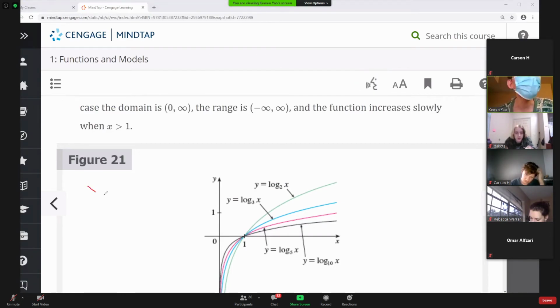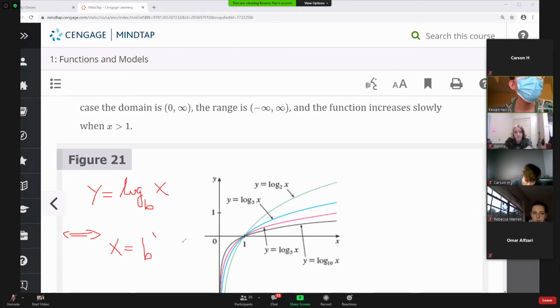So y equal to log base b of x. What does that mean? This is if and only if x equal to b to the power y.